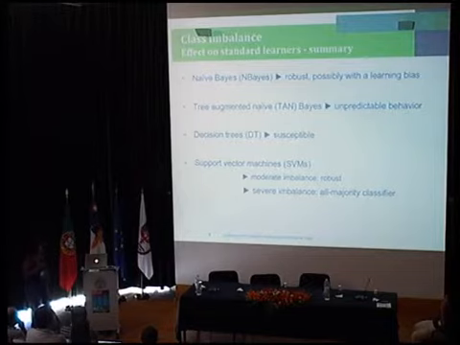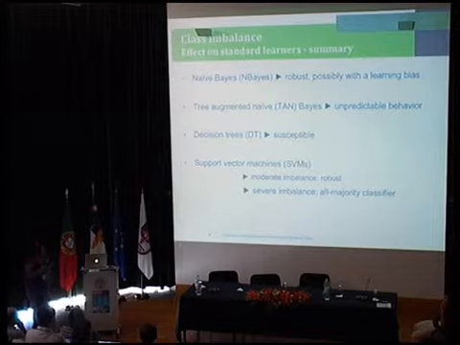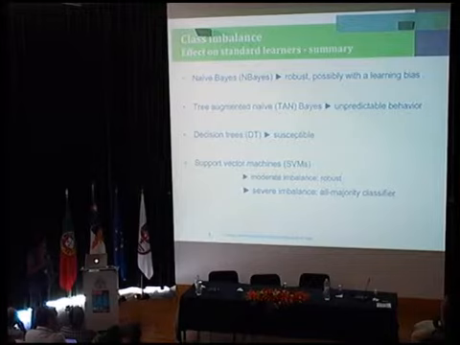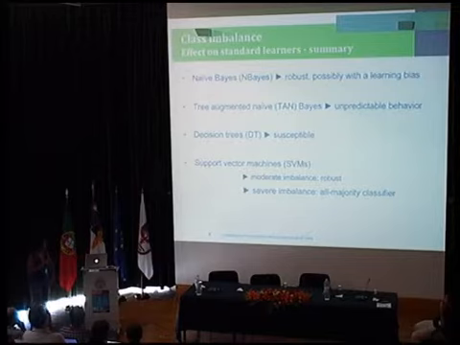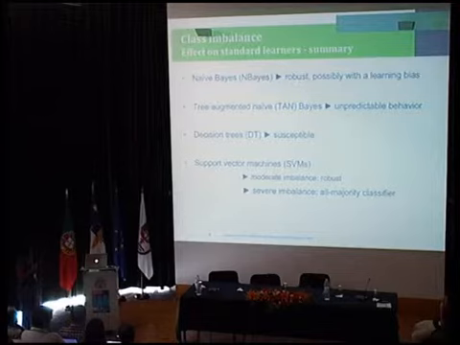So basically, about the naive Bayes, they say that the naive Bayes classifier is robust, okay, and possibly with a learning bias. They also say that the decision trees are susceptible to misclassify in terms of this problem.